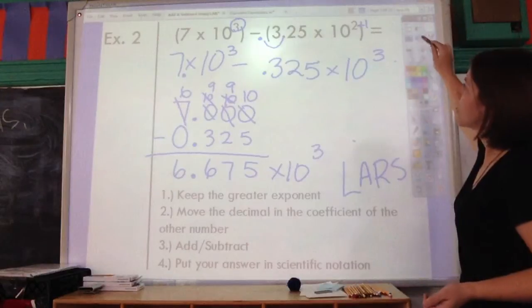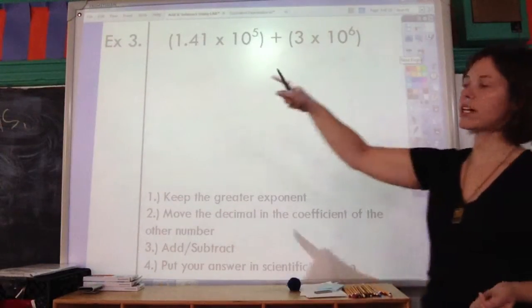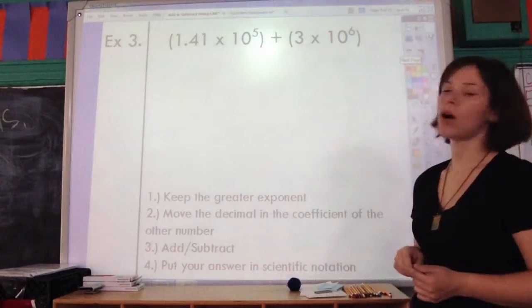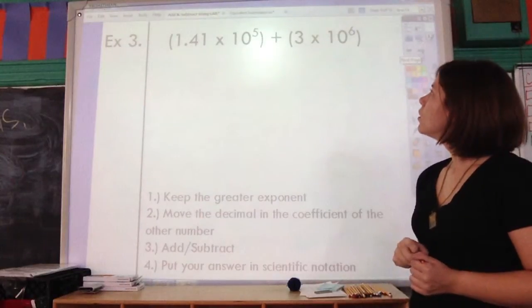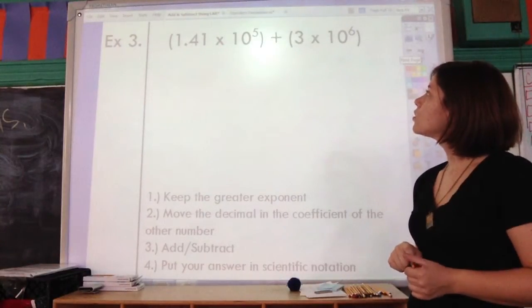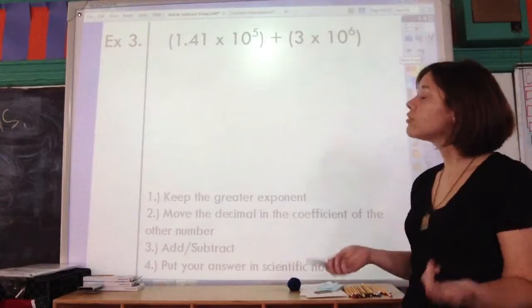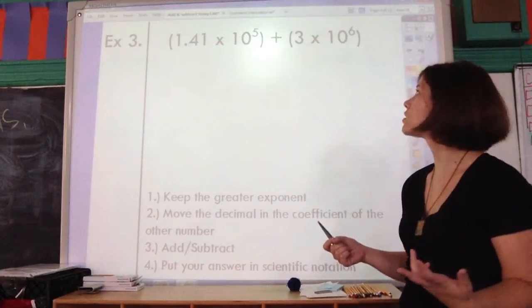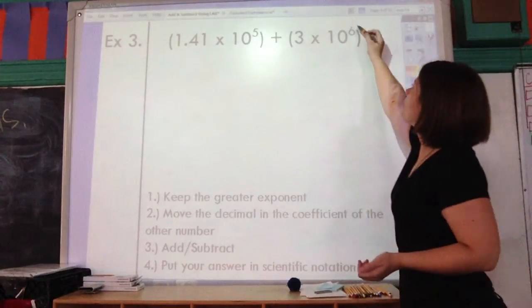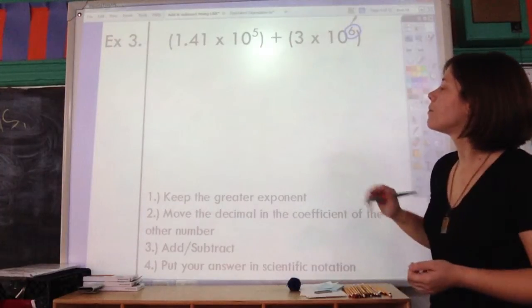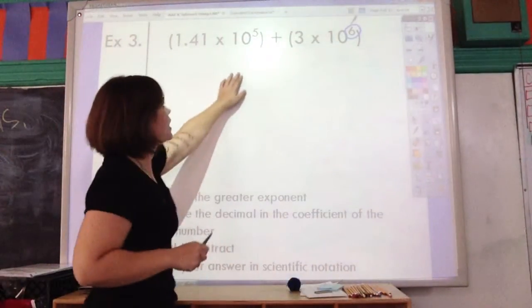Let's do one more, and it's you. Please write example 3 and this problem. Pause if you need to. First thing I'm going to do is look at my exponents. They're different, so I can't add my coefficients yet. I want to keep my greater exponent, which is a 6. Now let's look at my other exponent. It's a 5.